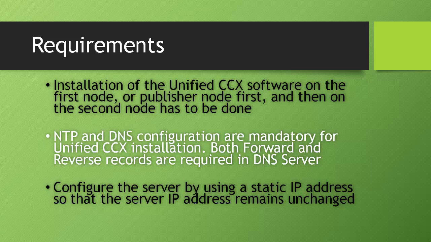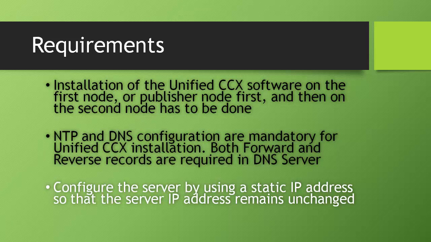It should be able to do both forward and reverse lookup with the DNS server, because during the installation it will contact the DNS server and try to resolve its name and IP address. And always configure your UC servers with a static IP address so that the servers don't get a different address during a reboot or a maintenance window.